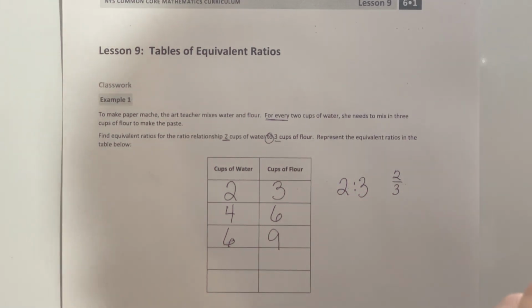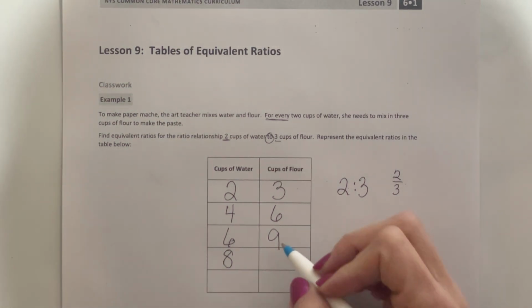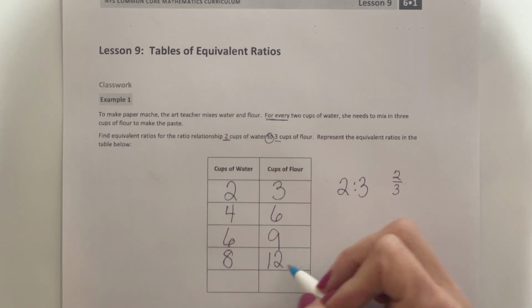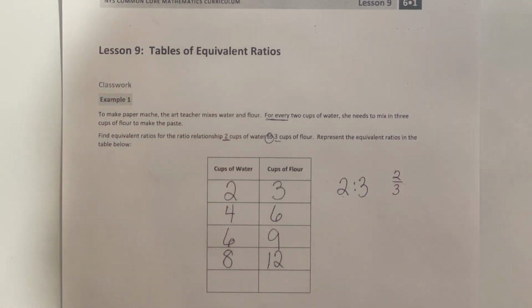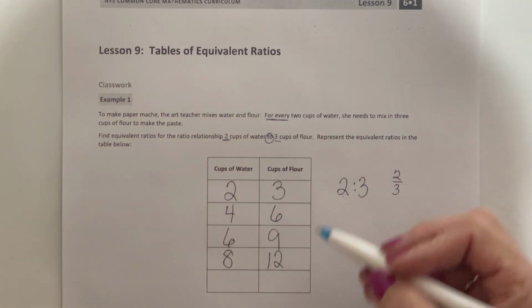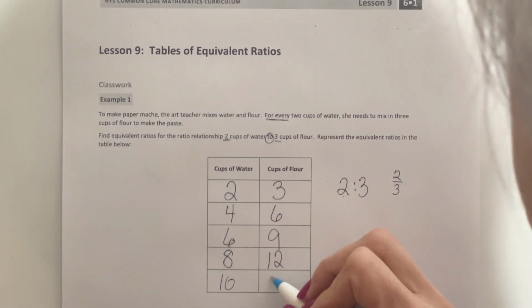So what's going to come next? Well, if you said 8 to 12, you are correct. I want to continue the pattern, continue the 2 to 3 ratio, then I would have 10 to 15.